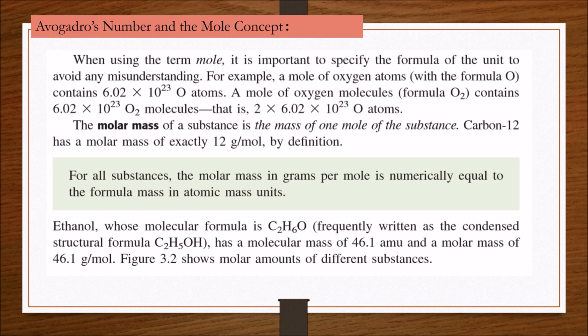Ethanol, whose formula is C2H6O, which we normally condense in a structural formula as C2H5OH, has a molecular mass of 46.1 AMU and a molar mass of 46.1 grams per mole. I want you to note that for all substances, the molar mass in grams per mole is numerically equal to the formula mass in atomic mass units.